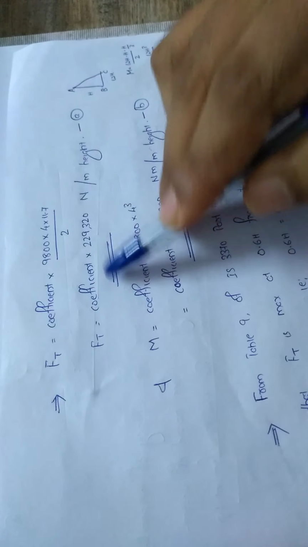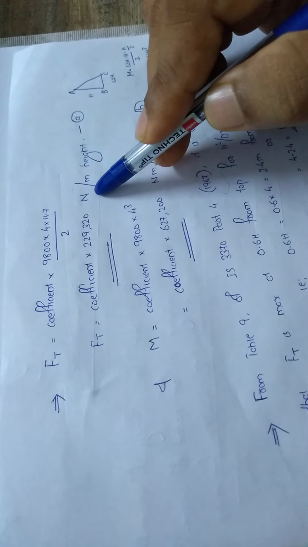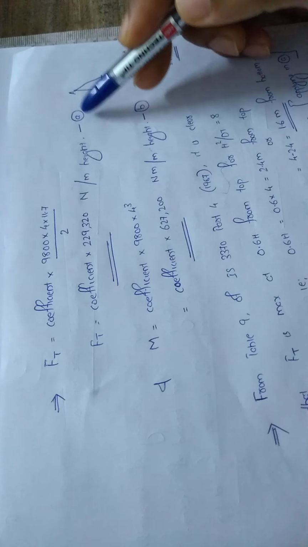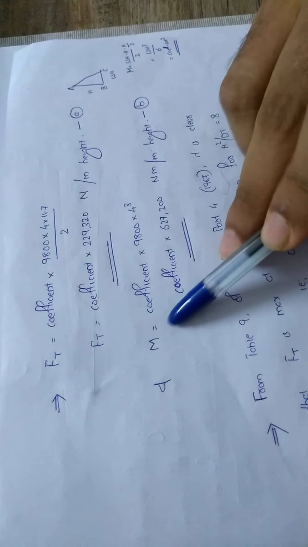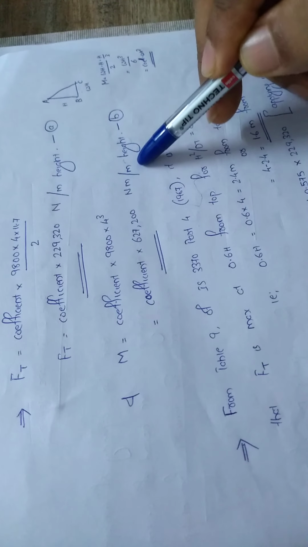Therefore we are getting coefficient into 229,320 Newton per meter height. Let that be A. And the moment similarly coefficient into 627,200 Newton meter per height.